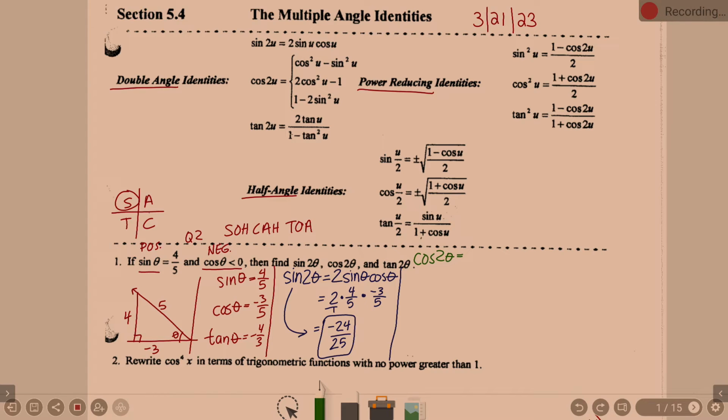Other than that, it doesn't matter. I personally was going to pick the top one, unless you guys have a preference. Pick your own and meet me in the end if you want. So cosine of 2 theta is cosine squared theta minus sine squared theta. What's cosine?